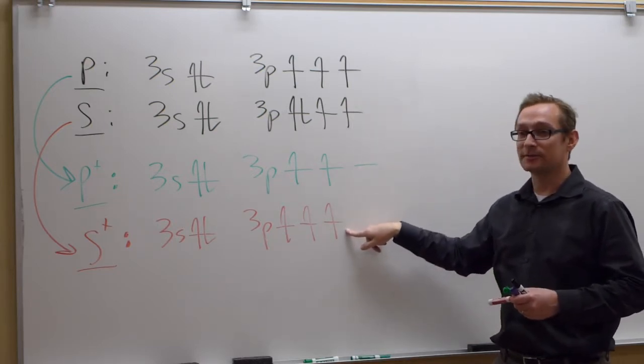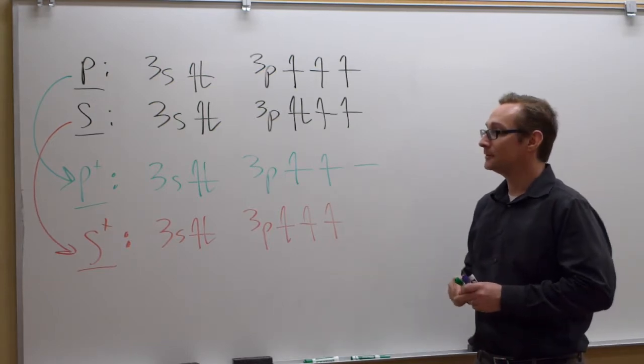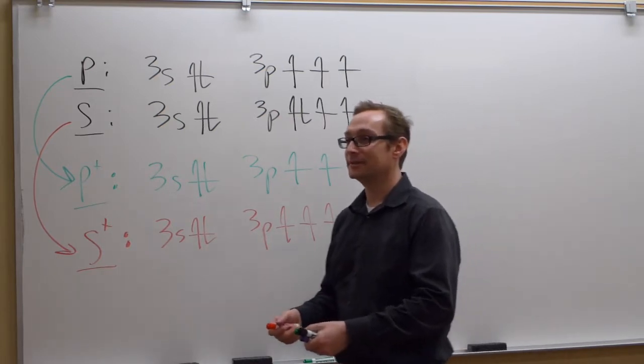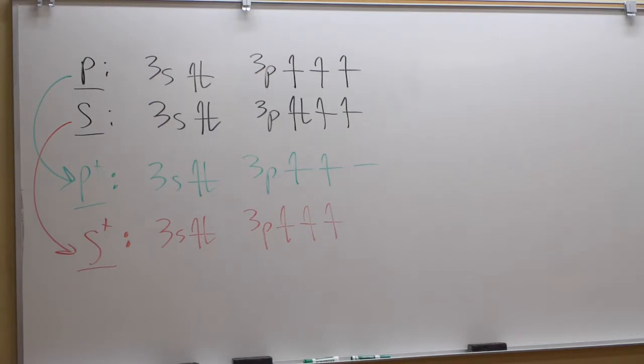Okay, this makes sulfur just slightly happier. Does that make sense? So full subshells are favored, and half-filled subshells are also favored. So this is why you see this trend in the numbers.